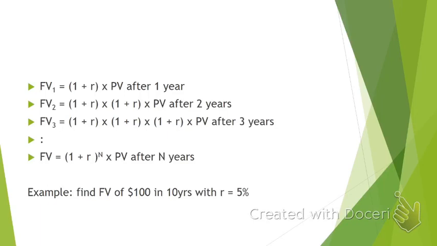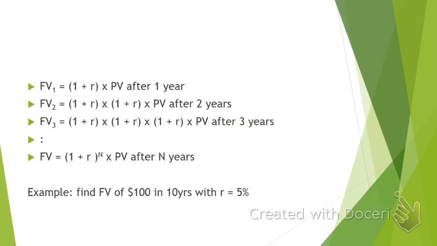That's what we're doing here. 1 plus R, the rate is expressed as a decimal when we do this. That'd be after 1 year. After 2 years, we would have to take it times 1 plus the interest rate squared, or times itself twice. After 3 years we take that amount times the interest rate 3 times.